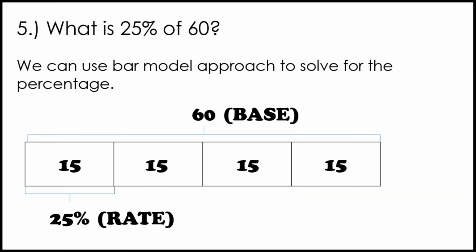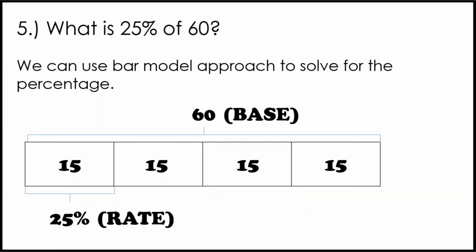So, overall, kabuuan ng isang rectangle natin na hinati natin sa 4 times is 60. So, ang isang hati natin dito sa box ay 25%. Pag dinalawa natin, 50%, no? Pag tinatlo, 75%. Pag lahat yan, 100%. Okay.